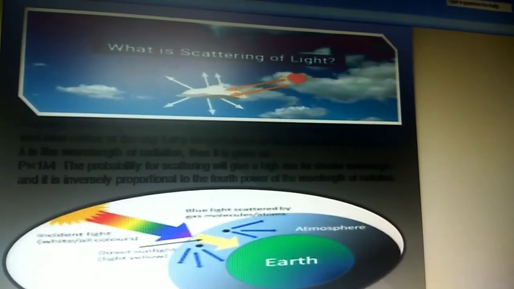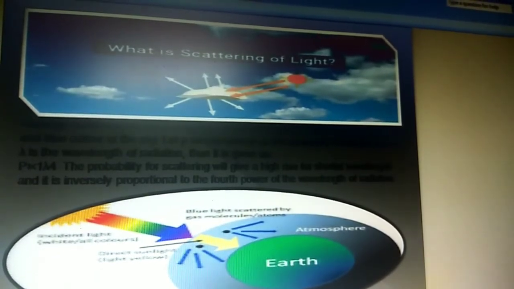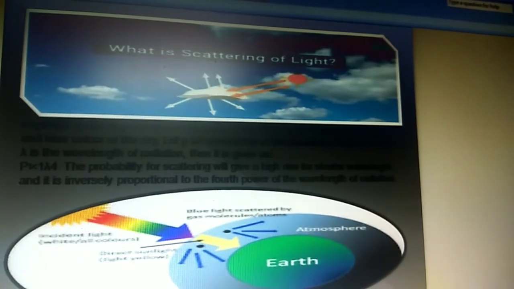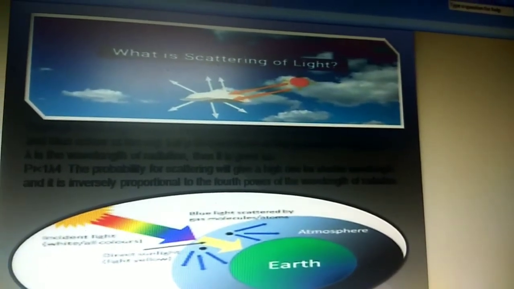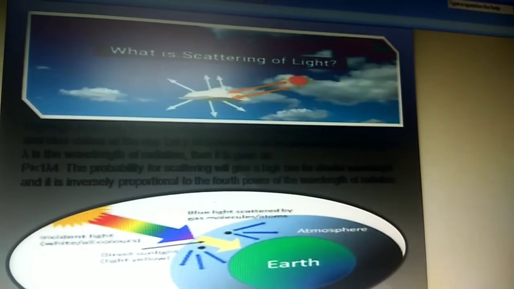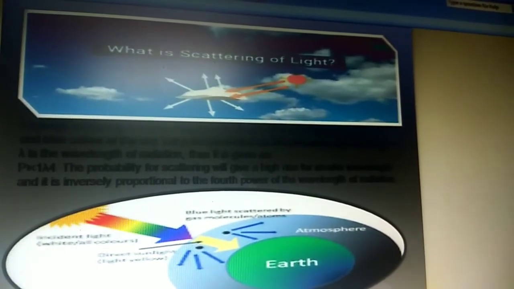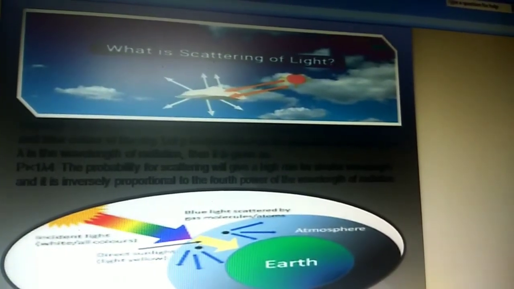So according to Rayleigh scattering theory, the intensity of scattering is directly proportional to 1 by lambda to the power of 4. That means shorter wavelength is inversely proportional to the 4th power of the wavelength of radiation.